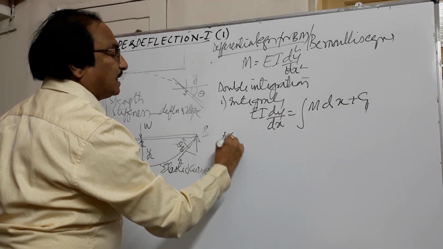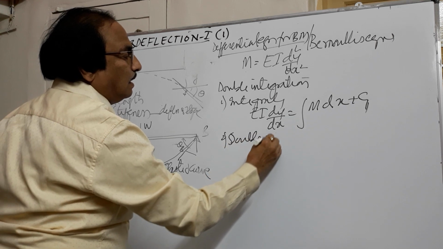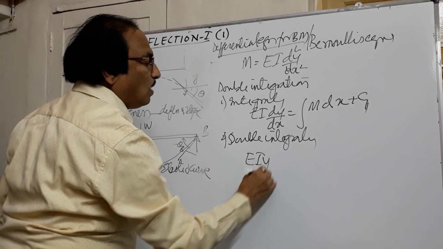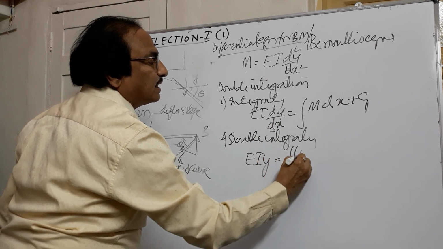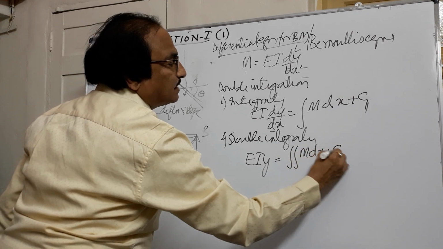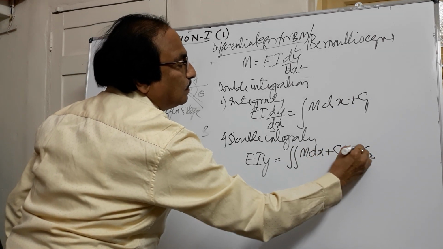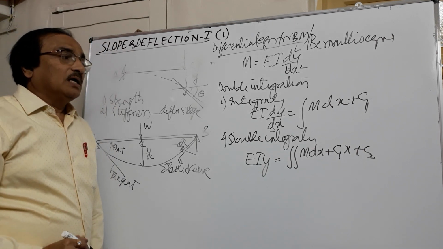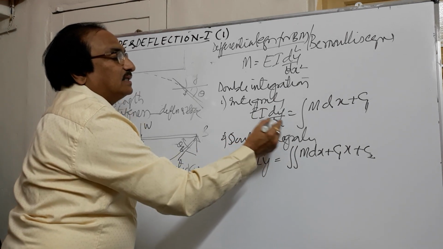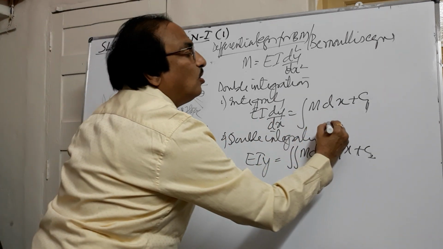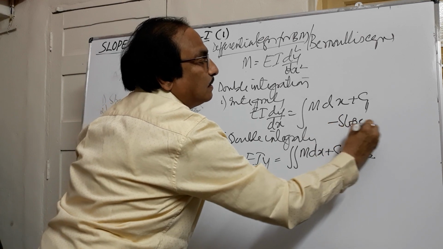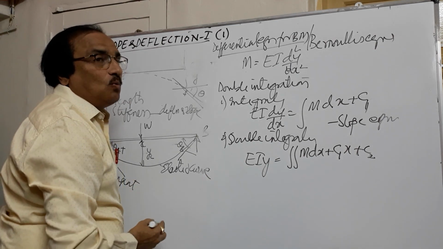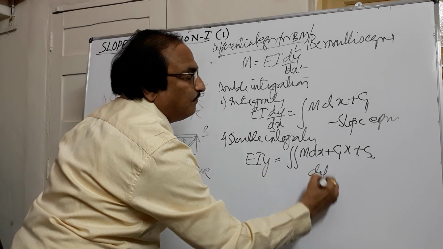Further integrating, double integrating, we get EI into y equals integral of integral M dx plus c1 x plus c2. We know c1 and c2 are the constants of integration. Now dy by dx is nothing but the slope, and we call this equation the slope equation. And y is the deflection, and we call this the deflection equation.